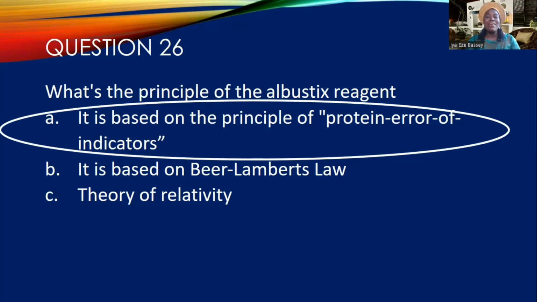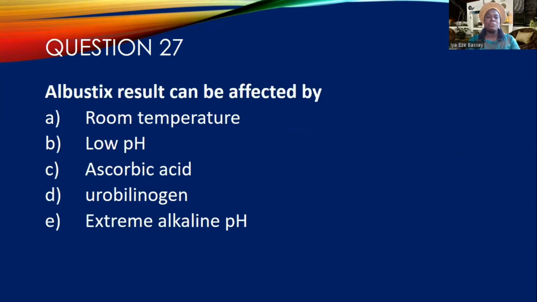That is also why if you have extreme alkaline conditions, you may also have a positive color, which is not true for protein. So that is a limitation of the Albustix reagent. If you have extreme changes, especially towards the alkaline region, you may have false positive results.